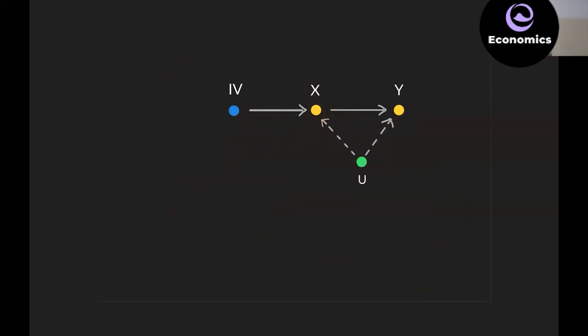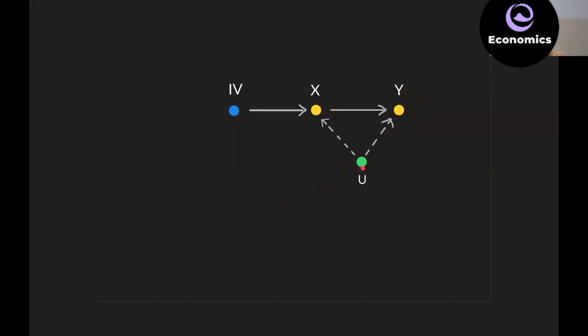Let X be years of schooling, Y be earning, and U be maybe intelligence, persistence, and so on. Okay, if we can do an experiment, we randomize people's years of schooling X, and that's it.